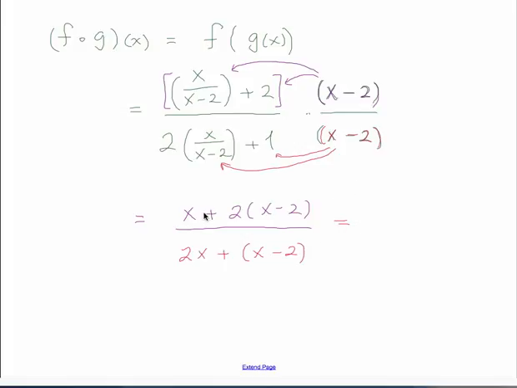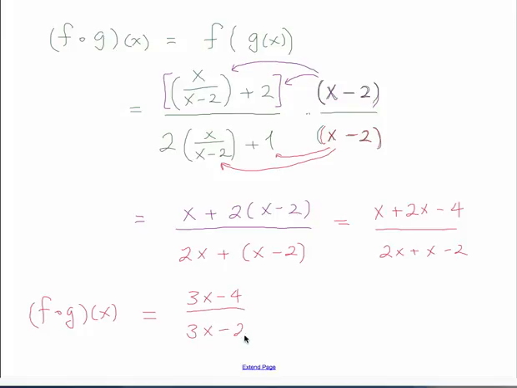So we have x plus 2x minus 4 over 2x plus x minus 2. And finally, our f of g of x is equal to 3x minus 4 over 3x minus 2.